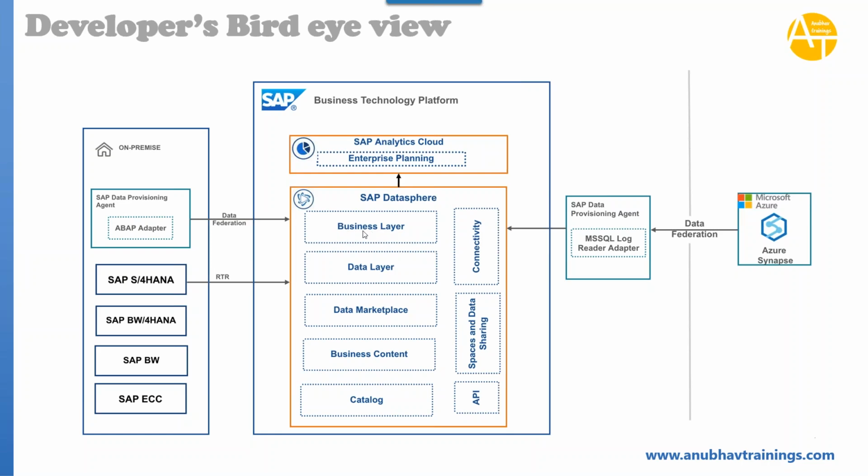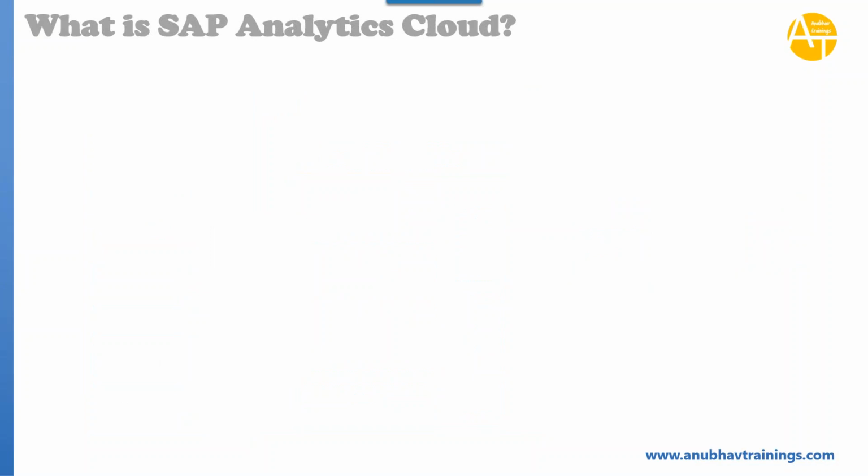This is predominantly used by business users from a consumption point of view. And finally, you have the consumption, where you can consume it both for analytic purposes as well as planning purposes. SAP Analytic Cloud also offers a planning proposition, so you can utilize the data to also do planning. So this is the layered approach, how we are going to develop our data models using SAP Datasphere.